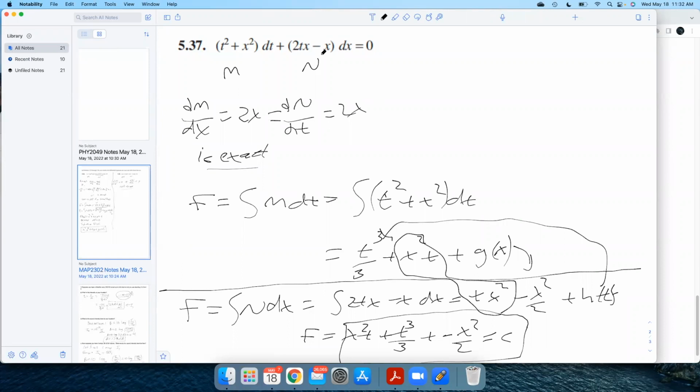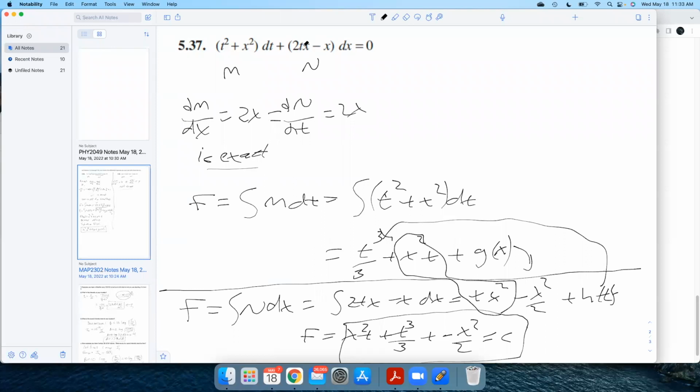Yeah, you're overthinking it. See how he has a dx beside him? We're taking his partial with the other one. Whatever's sitting here, we use the other one. Taking this guy's partial with respect to t and checking to see if we get the same thing as when we do this guy's partial with respect to x. So this is supposed to be 2t, right? Or is that supposed to be 2x? No, that's 2x.